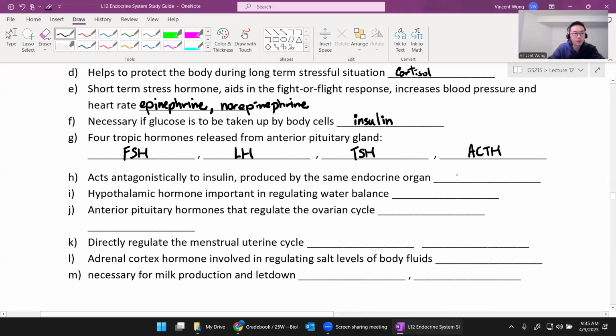That's right. It's glucagon. When glucose are gone, you need glucagon to bring it back up. That's how I remember it. Glucagon, when glucose are gone.